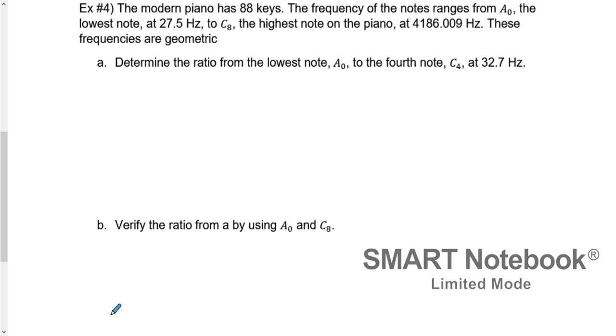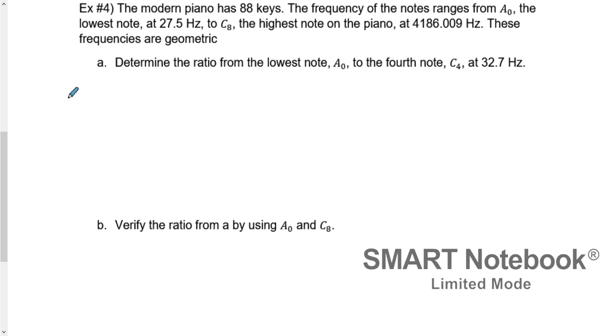These frequencies are geometric. What we're going to do is determine the ratio from the lowest note, A0, to the fourth note, C4, at 32.7 hertz. In order to do this, it's going to be really nice to identify what our different terms are.